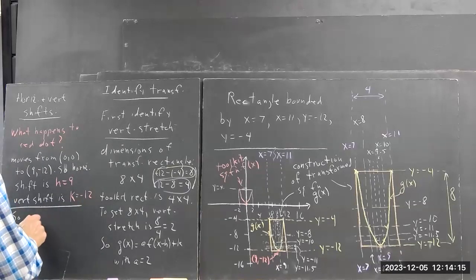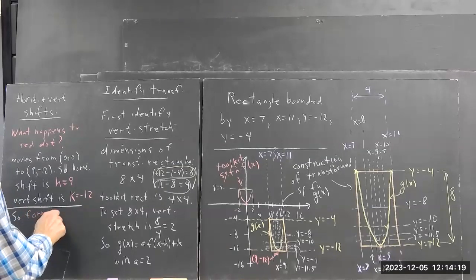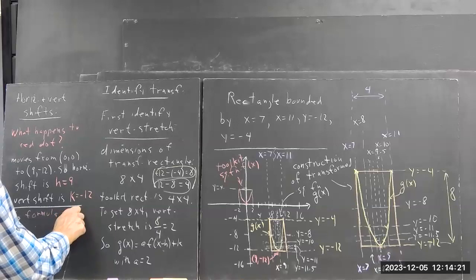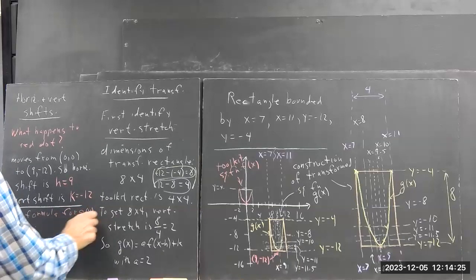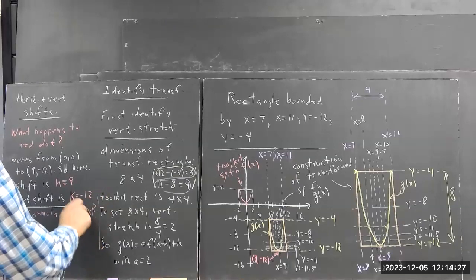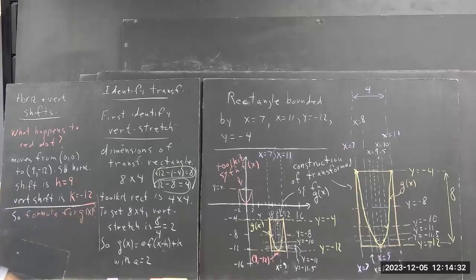So, what's the formula for g of x? Can you write it out?